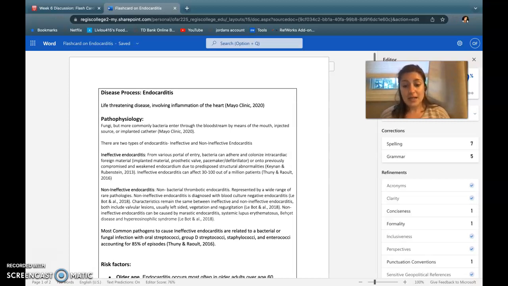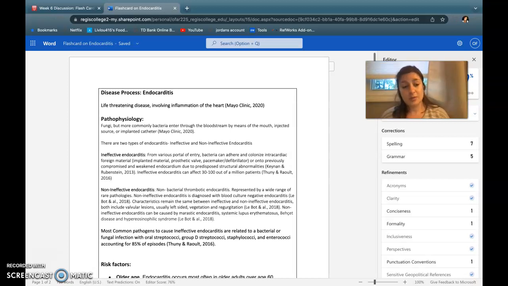Essentially, it's from other disease processes and rare pathologies, such as, for example, systemic lupus erythematosus, or metastatic endocarditis, Behçet's disease, and hypereosinophilic disease. So these can all cause endocarditis without the presence of a bacteria or a fungi.